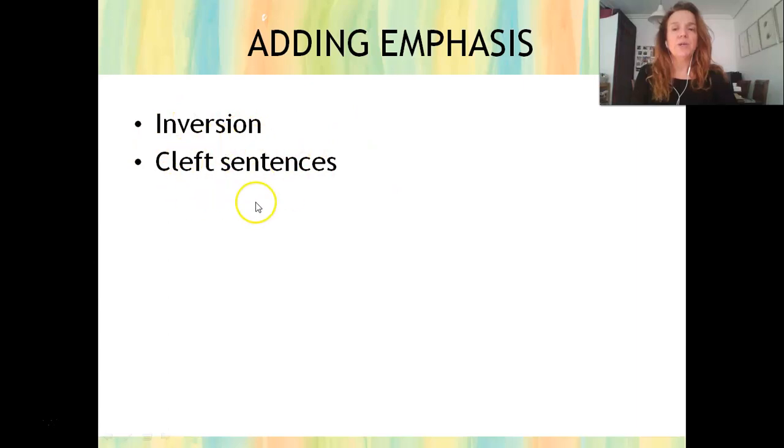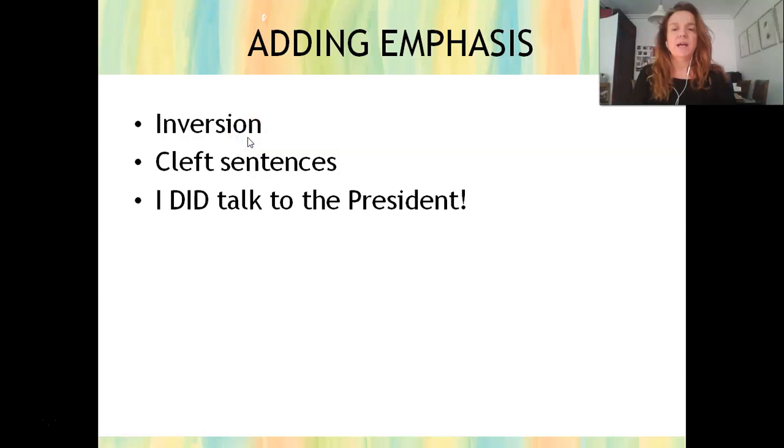We are going to learn about cleft sentences, okay, where we divide the information of a sentence in two in order to place emphasis on the first part of the sentence. And there are many other strategies that we are not going to deal with today, but I'm going to mention them here.